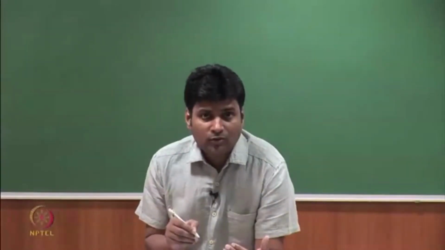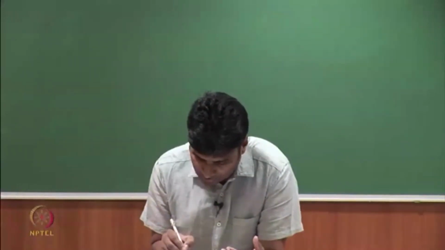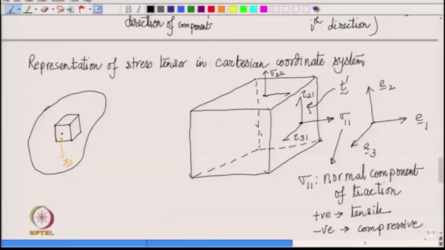So, tau 1 2 has to be along the one direction, so that is going to be like this, tau 1 2, and then we have tau 3 2. That completes the picture on the E2 plane, and then we come to the E3 plane.